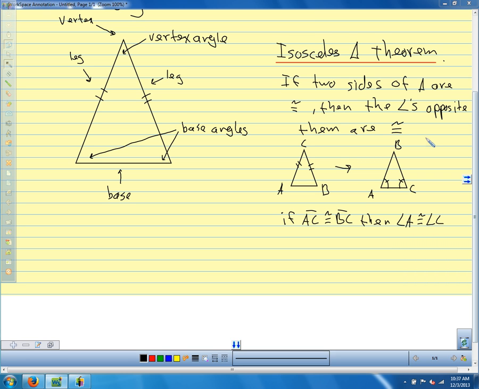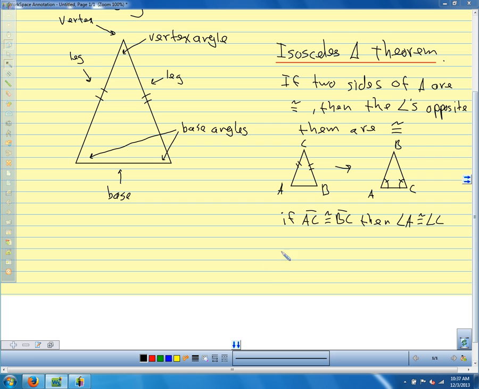So we would say, how would we say it? If two, how would we change it around? If two what's of a triangle are congruent? Angles. If two angles of a triangle are congruent, then what's the other part? The two sides are congruent. That's our converse.